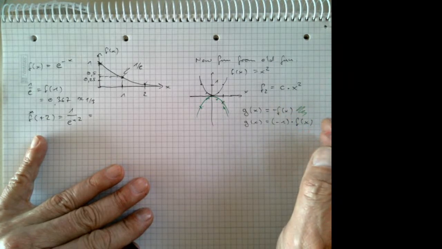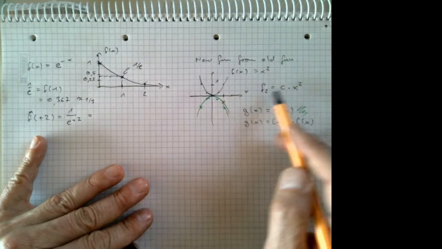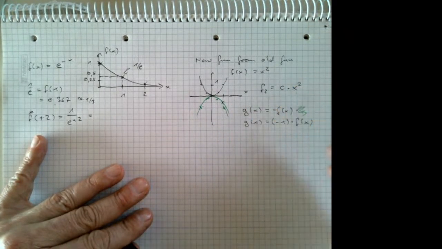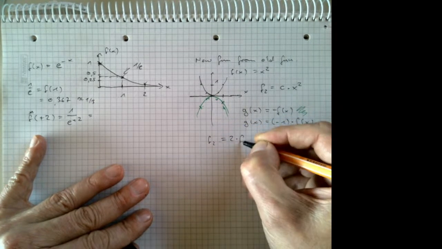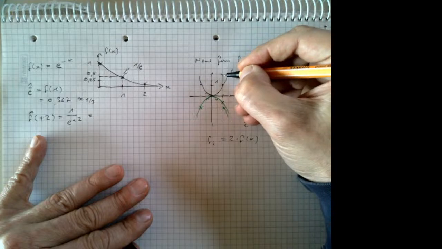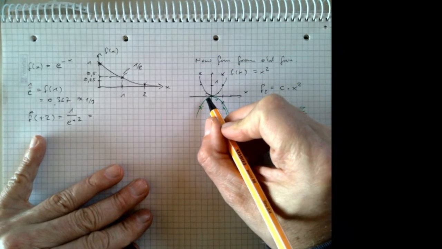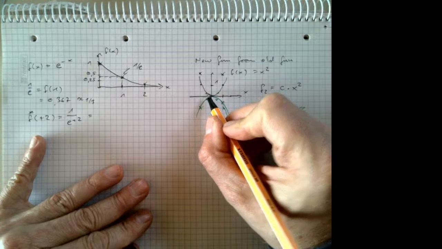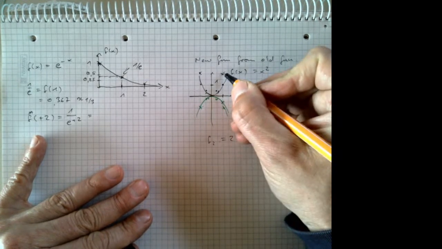By the factor c. Amplitude is maybe not the right word, but let's say c is 2. Let's say f2 is 2 times f of x. Then instead of the 1, I would have 2, and instead of 1/4 here, I would have 1/2, right?